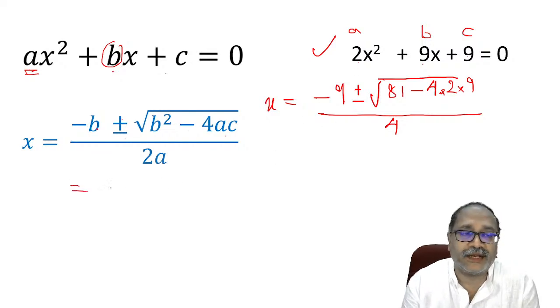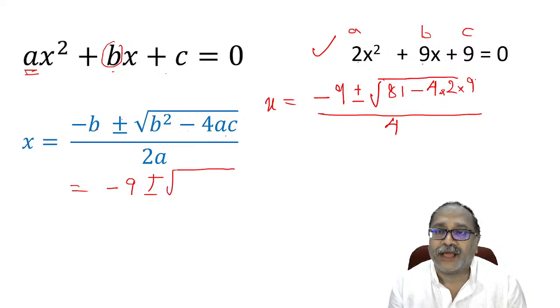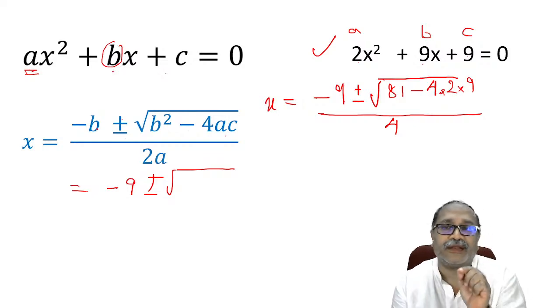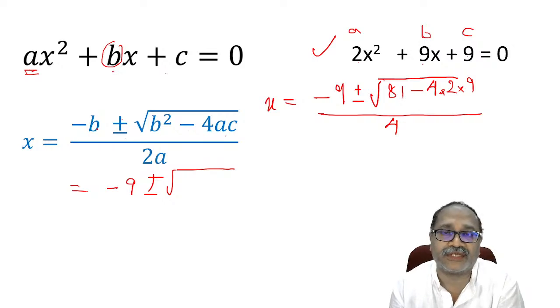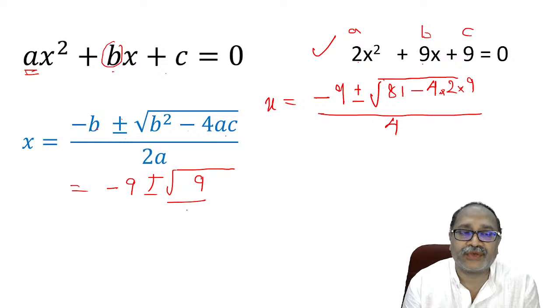Let this be minus 9 as it is, and plus or minus within the square root. What comes here? 81, and 4 into 2 into 9 is 72. When you take out 72 from 81, you get 9 over here, and then divided by 4. The rest remains the same, and the square root of 9 I can consider as 3.